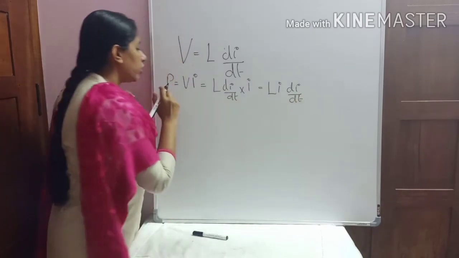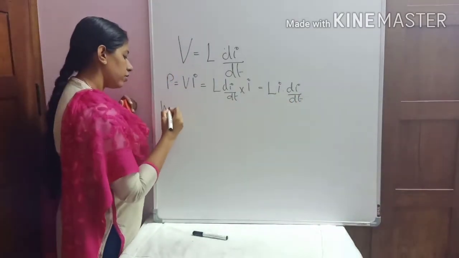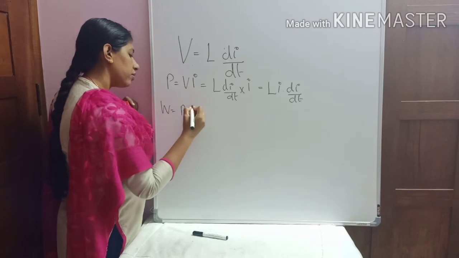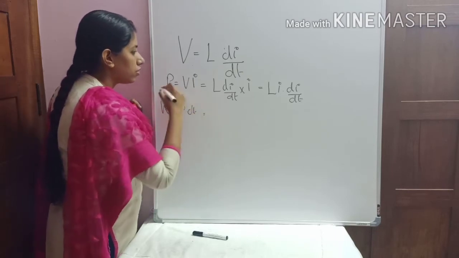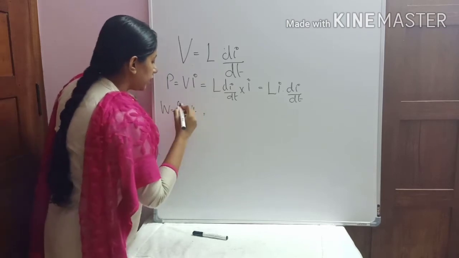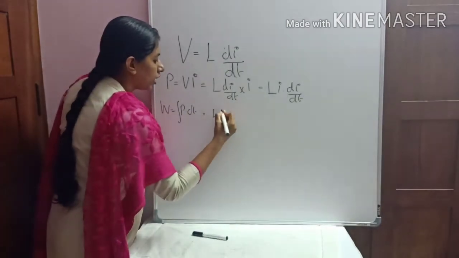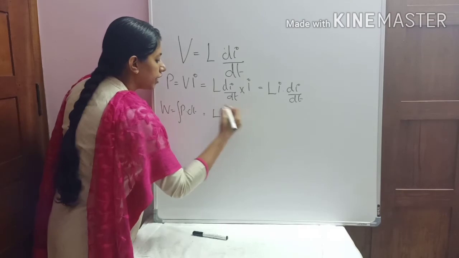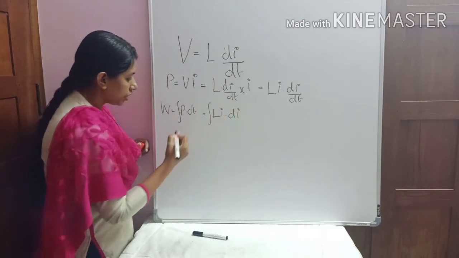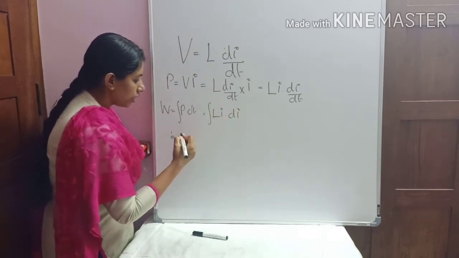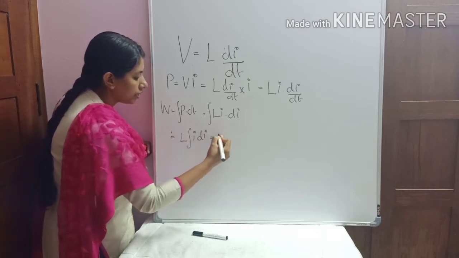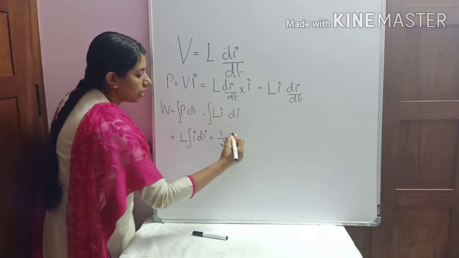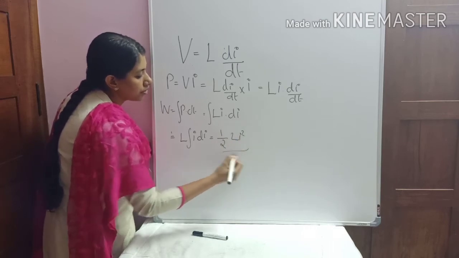Now we know that energy is equal to P into T or integral P dt, which is equal to integral Li into di. So this can be written as energy is equal to L into integral I into di, and that is equal to half into Li square.